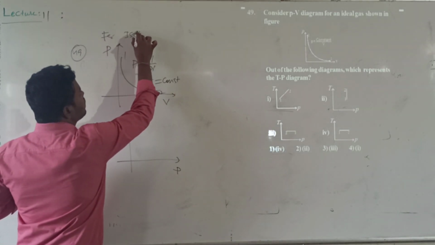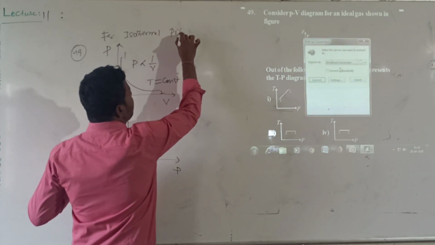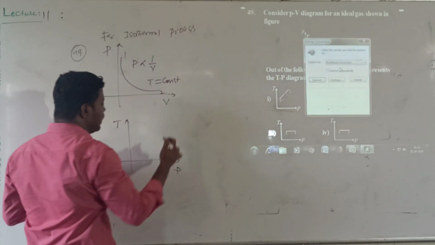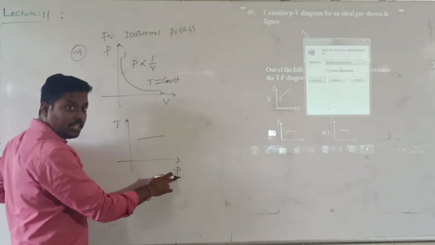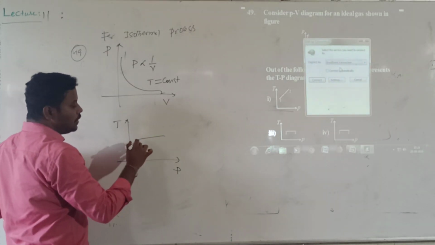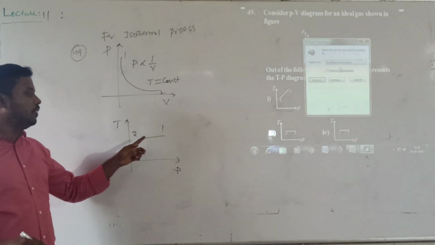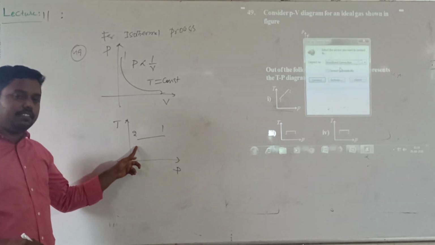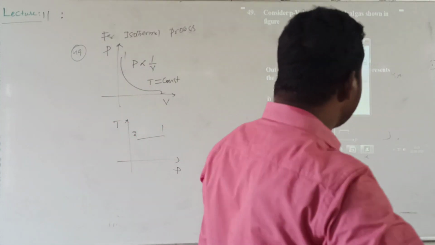In an isothermal process, temperature remains constant. So in this graph only pressure is varying. When we go from first to second, pressure is decreasing, whereas from second to first, pressure is increasing.